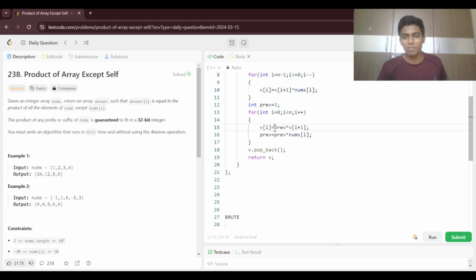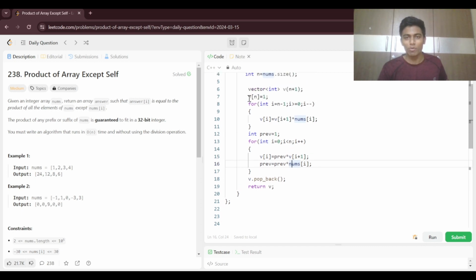So we multiply these two and keep it in the answer. And then whenever we are moving from here to here, previous becomes previous multiplied with nums[i]. At last we remove v[n], such that it contains only 0 to n minus 1, and then we return the answer.